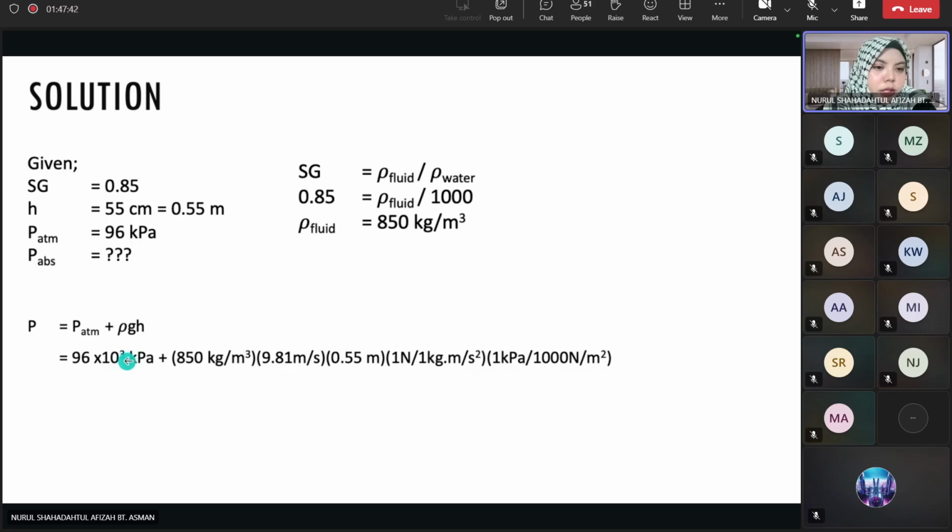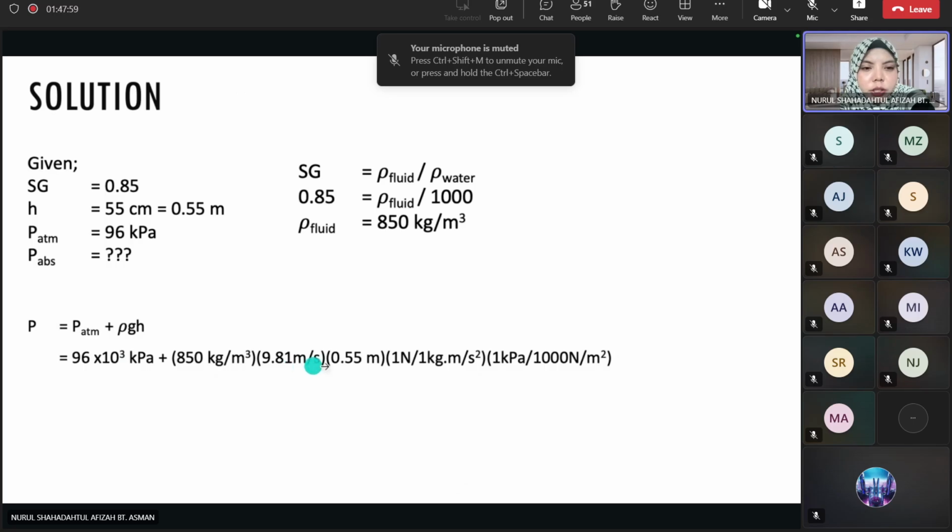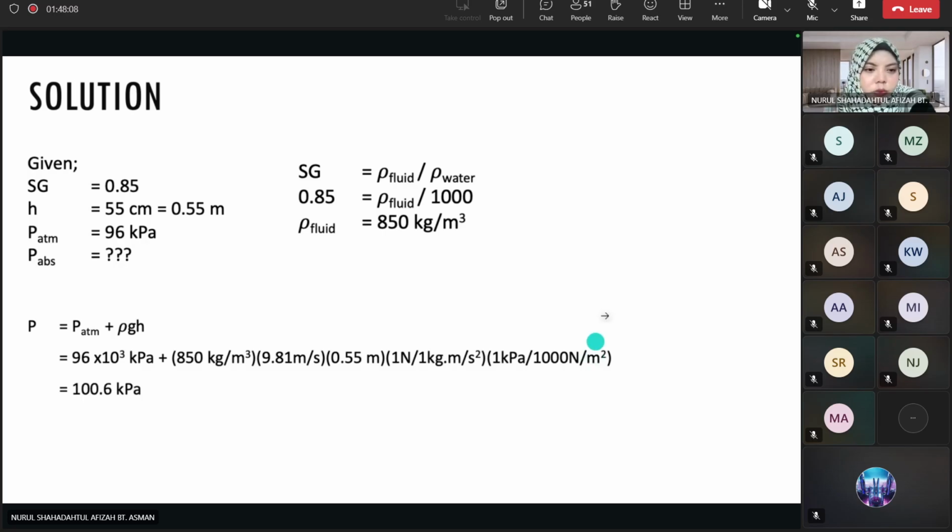Itu typo, tidak K lah, sudah ada exponent 3. 96 exponent 3 Pascal plus density 850 times gravity times height 0.55. Ini conversion unit. So you get 100.6 kilopascal. Okay, good. All get this correct answer.